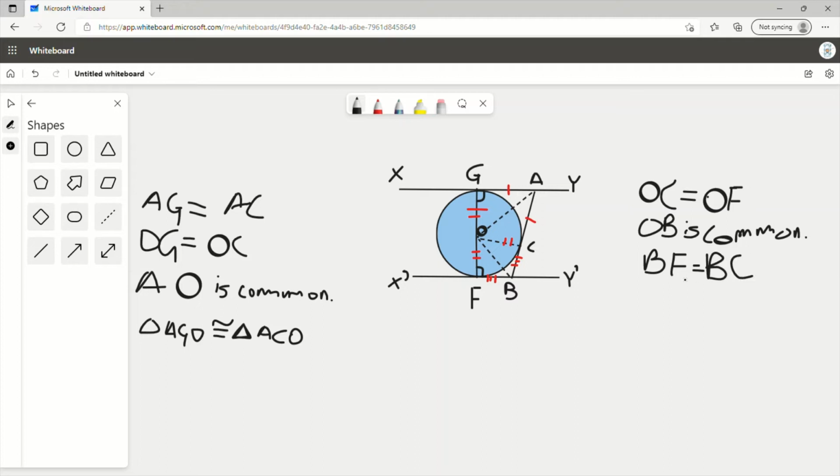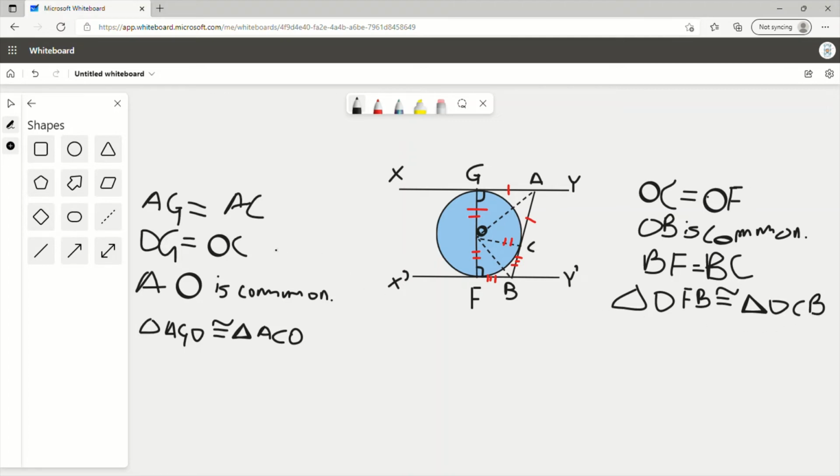So now we can prove congruency over here. Triangle OFB is congruent to OCB, and this is by SSS, but no need to write it down really.